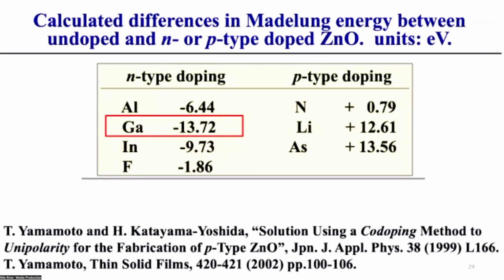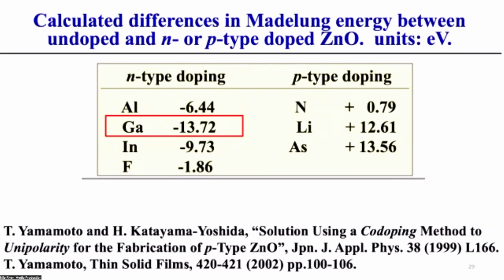And I'd like to show you the calculated differences in the Madelung lattice energy, the amount of energy between undoped and n- or p-type doped zinc oxide crystal. As you can see, p-type doping using nitrogen, lithium, and arsenic elements, we find an increase in the lattice energy and then result in an unstable p-type zinc oxide. It is the unipolarity problem.